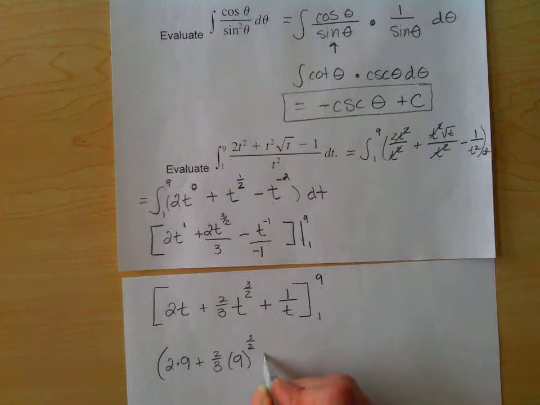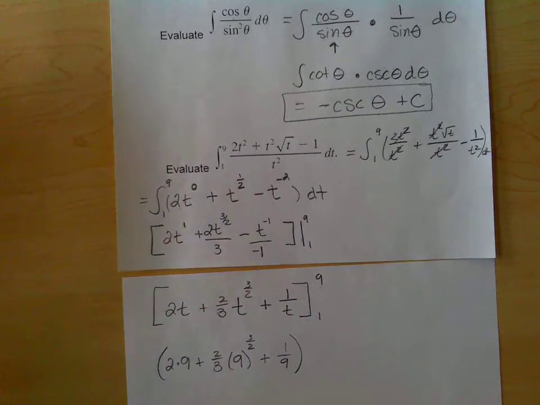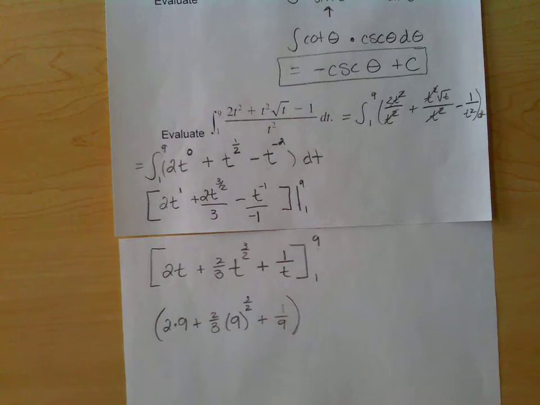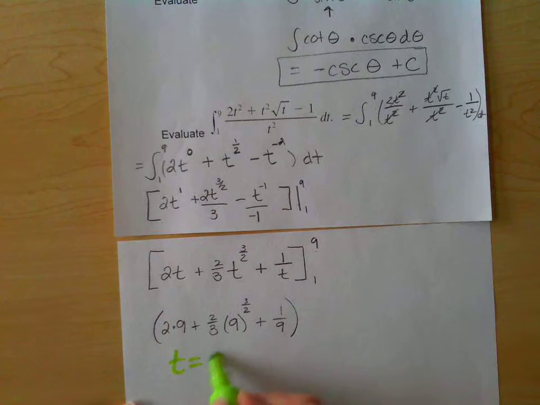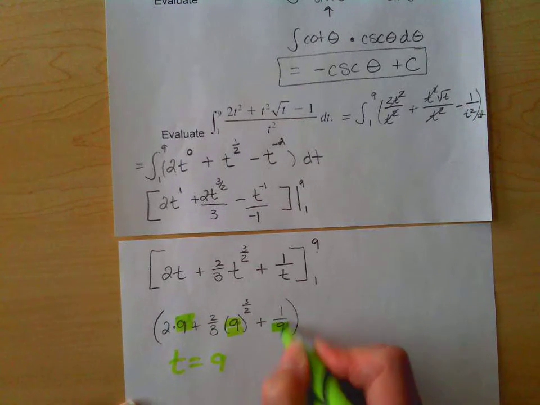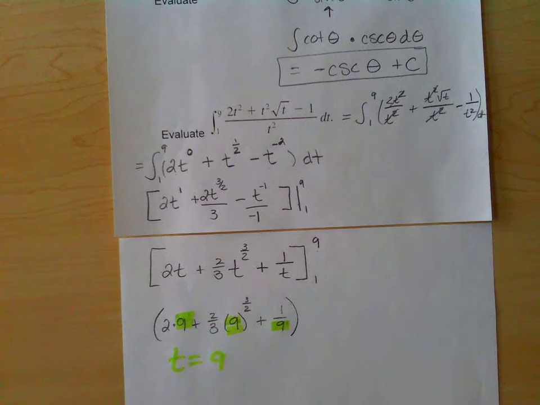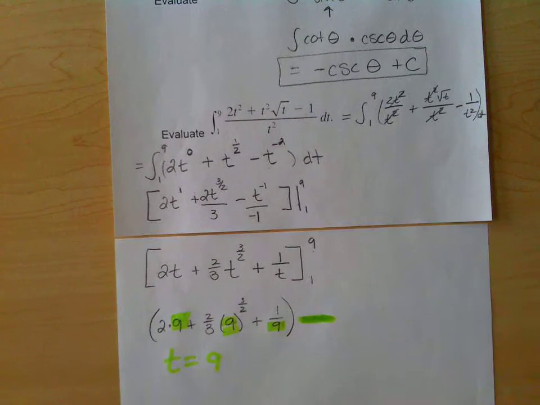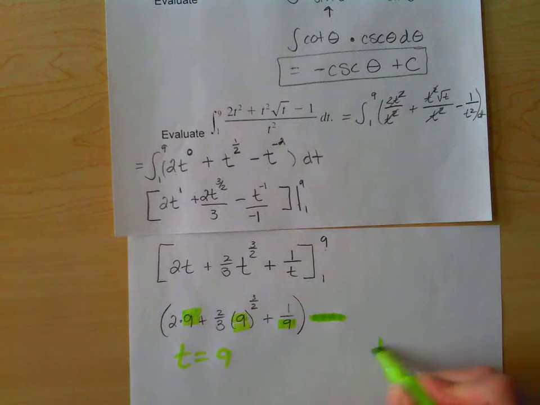The way we work with definite integrals, we integrate for t equals 9. And then from that, we subtract the integration when t equals 1. So it'll look like this.